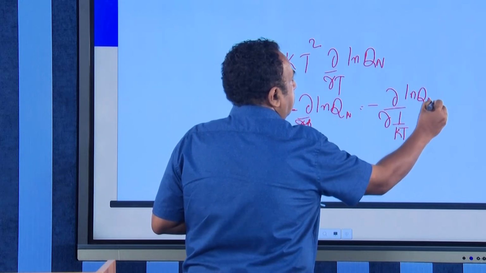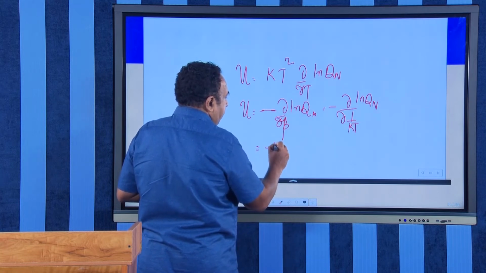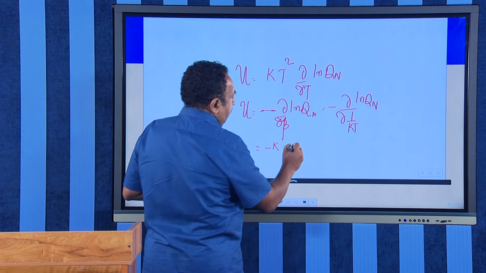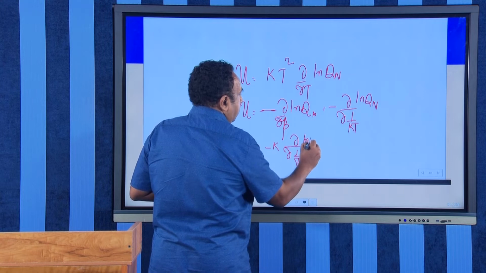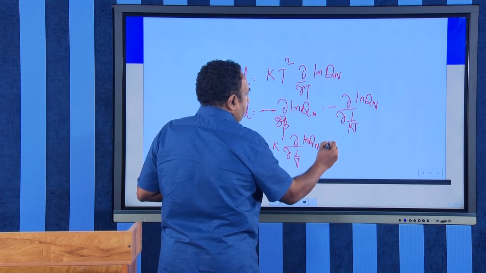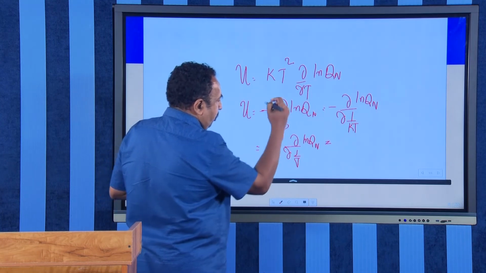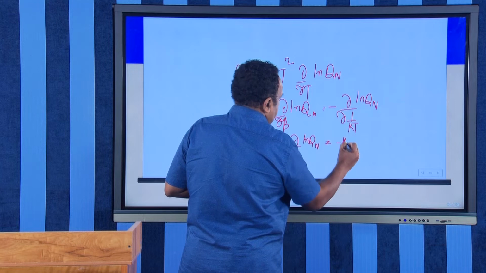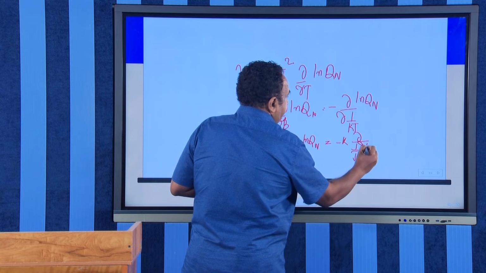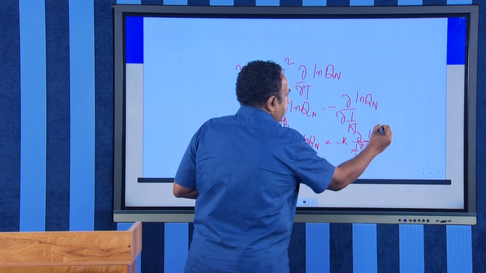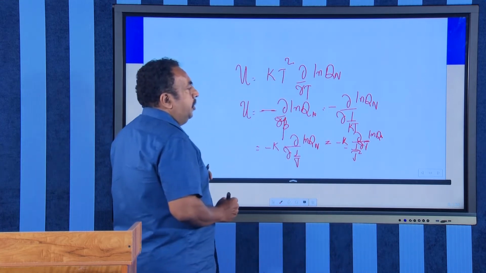I can take k to the numerator, therefore this becomes minus k dou by dou of 1 by T of log Qn, where dou of 1 by T will be equal to minus 1 by T square dou T. Therefore, this expression becomes minus k times minus 1 by T square dou by dou T of log Qn.